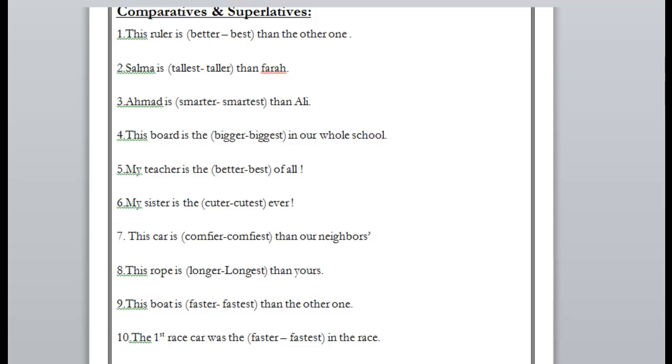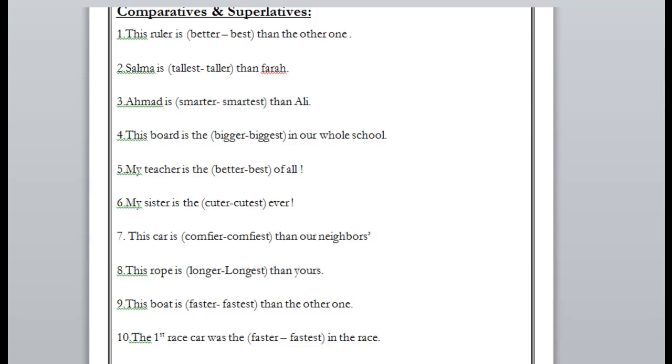Okay, let's take another 2 examples for the other one, which is the superlatives. Okay, let's take number 6. My sister is the cuter or the cutest ever. Oh, guys, ever. That means that I'm comparing between my sister and all of other people. Okay? Ever. I've ever seen. So, my sister is the. And guys, we found the word the, right?